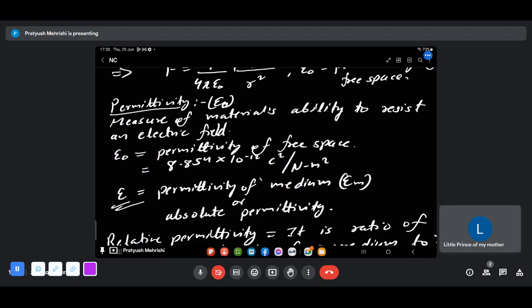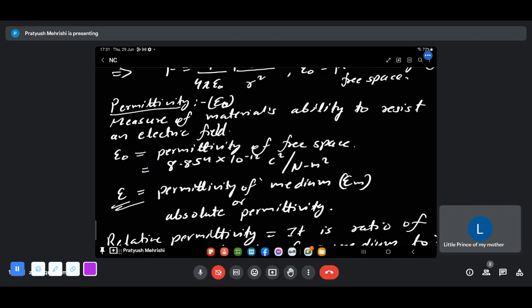Now next, this permittivity, 8.85 into 10 to the power minus 12, for each and every material, remembering it and solving is a little bit difficult. So we derive a term called relative permittivity. Very important.